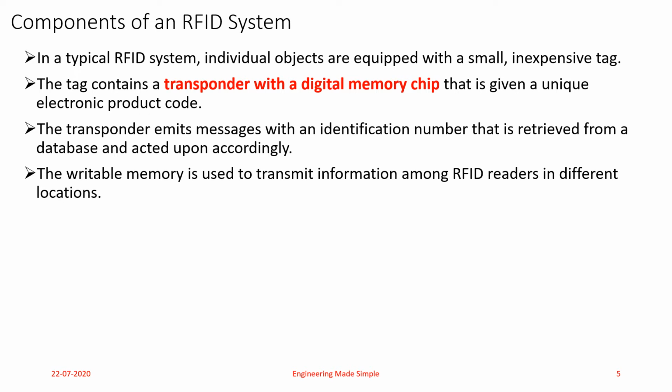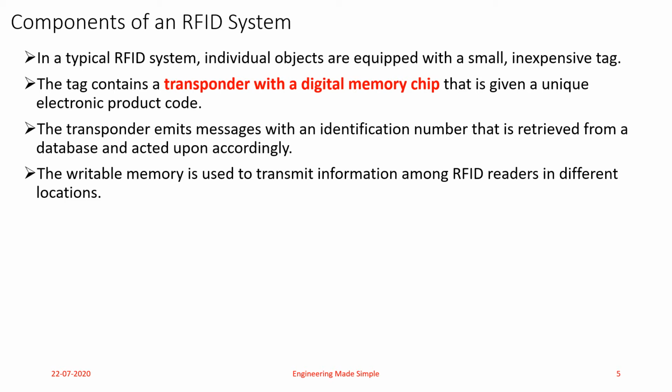Now, any RFID network consists of several readers and several tags. The RFID readers and RFID tags are separated by geographical location. So in order to transmit information from tags to different readers, the writable memory is used to write that information and then transmit it to the different RFID readers.